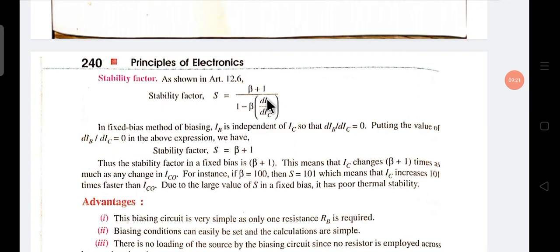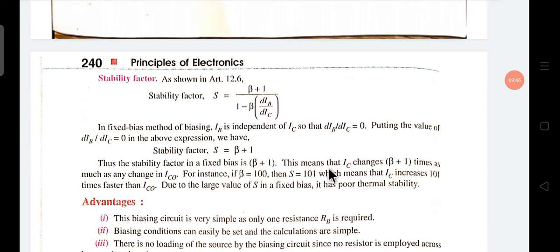Putting this 0, the stability factor in a fixed bias is beta plus 1.